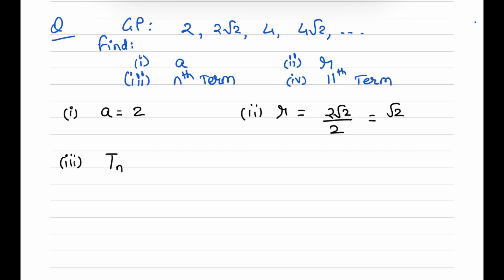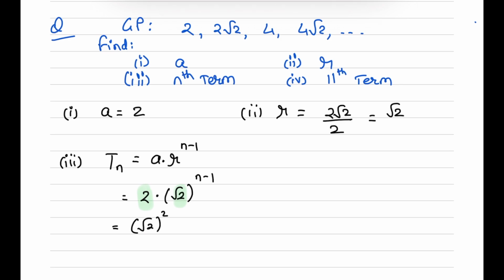The nth term of this geometric progression, the formula is Tn equals A times r raised to n minus 1. So 2 times square root 2 raised to n minus 1. Now to simplify this, we need to convert the bases into the same number. So 2 can be written as the square of square root 2.